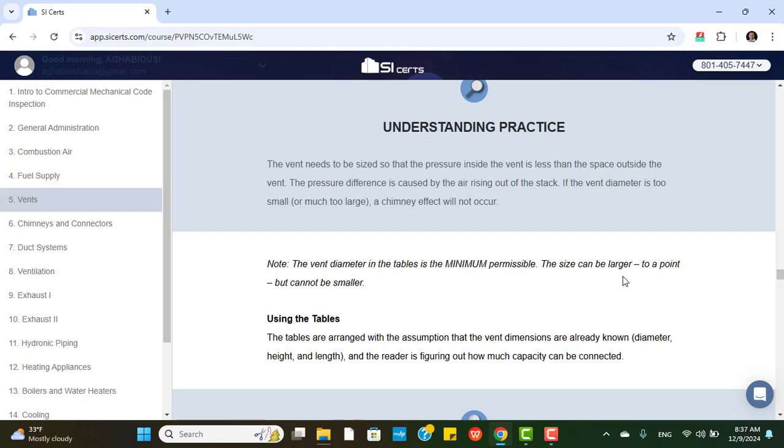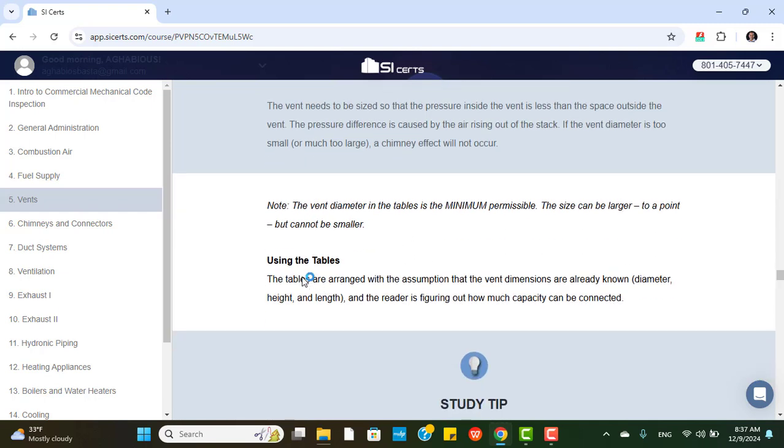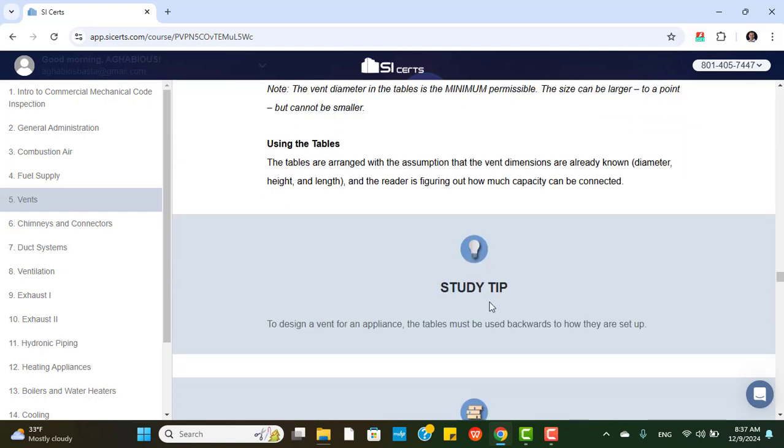The size can be larger to a point but cannot be smaller. Using the tables: the tables are arranged with the assumption that the vent dimensions are already known, diameter, height, and length, and the reader is figuring out how much capacity can be connected.